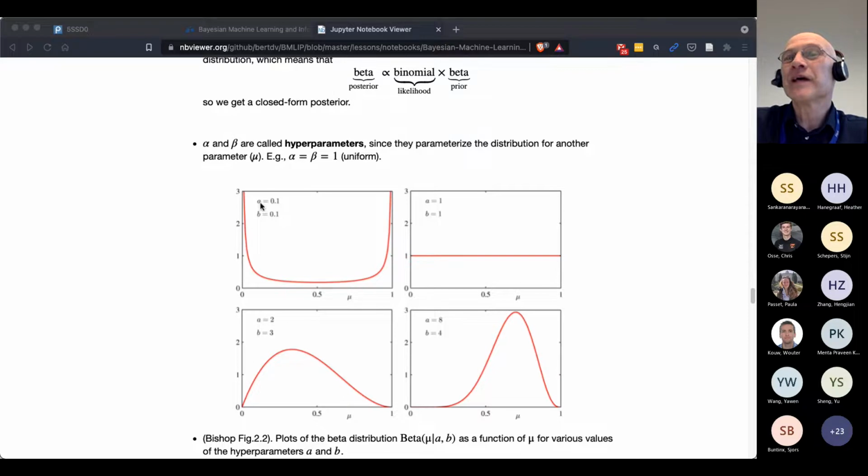If you choose alpha is 0.1 and beta is 0.1, you're saying I have a very high confidence that it's a very unfair coin, and I'm going to see a lot of heads or a lot of tails. That is your prior assumption for this coin, right?